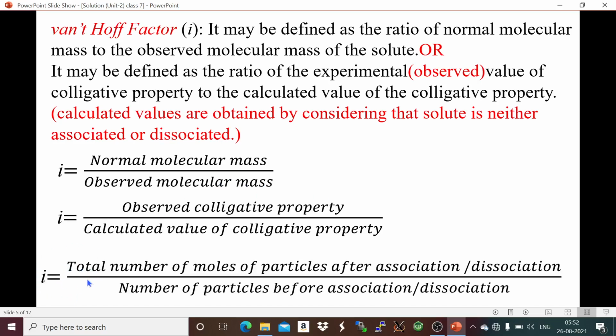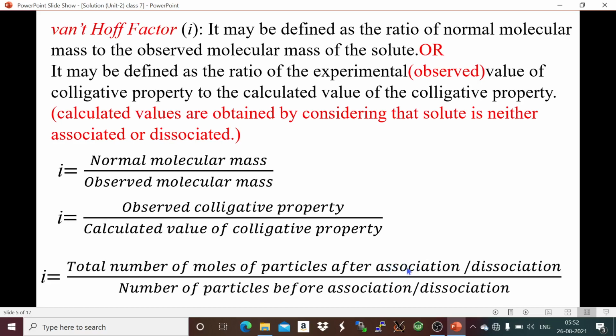We can define it in another way. i is the total number of moles of particles after association or dissociation divided by the number of particles before association or dissociation. What happens in association? The total number of moles of particles decreases.